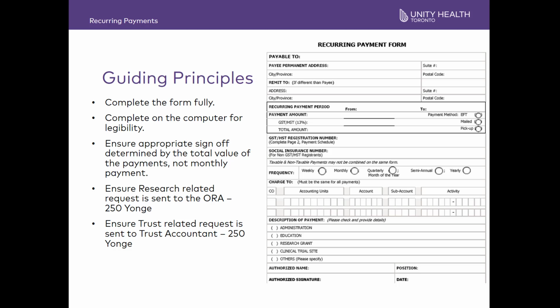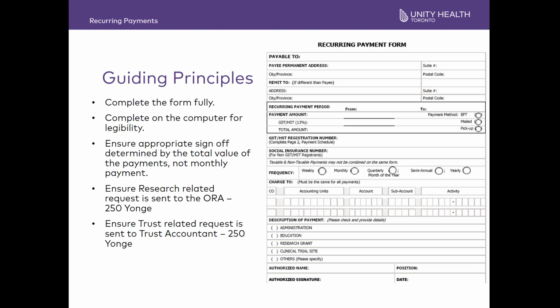Guiding principles. The preparer should: one, complete the form fully. Complete the form on a computer for legibility. Ensure the appropriate sign-off is determined by the total value of the payments, not the monthly or semi-annual value of each payment.